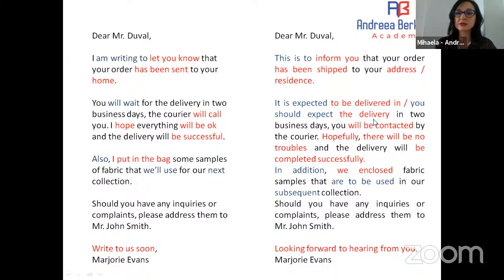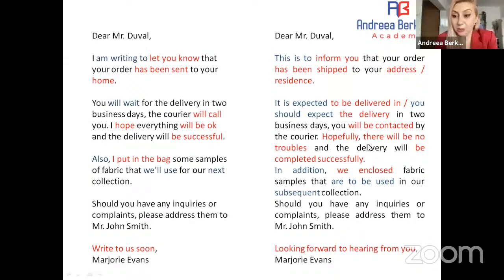And I wrote here two ways of saying the same thing. And in the second one, I use the personal pronoun, which I said earlier that you shouldn't, but I wrote it just to show how you can also write it with the personal pronoun, but use different words to make it a little bit more official than the informal one.